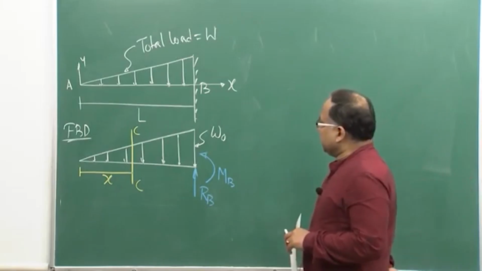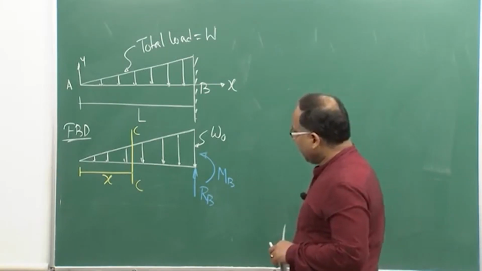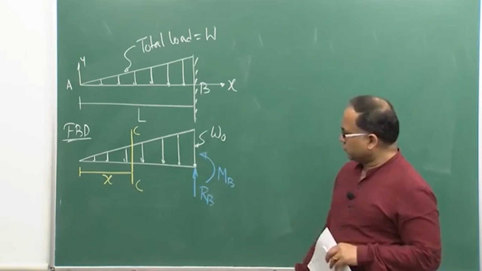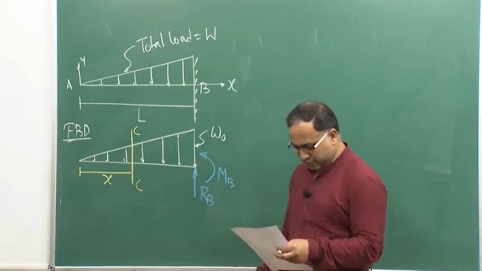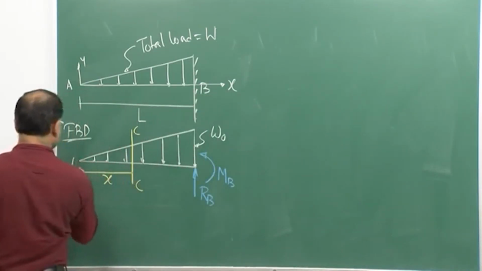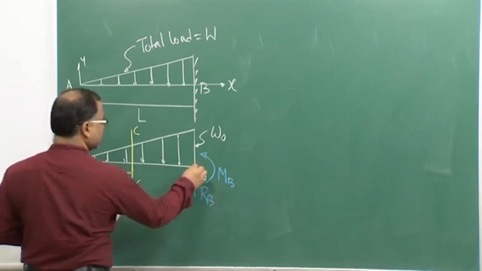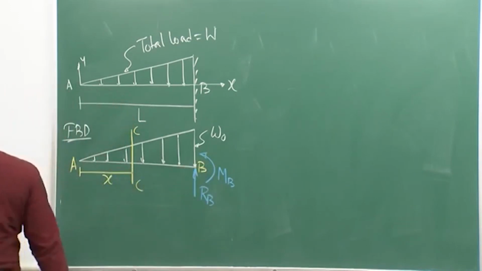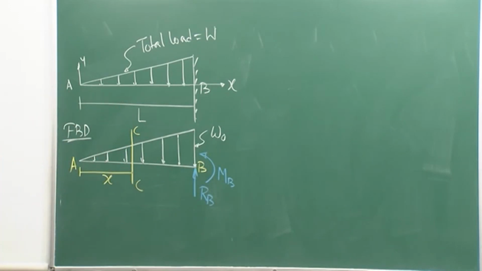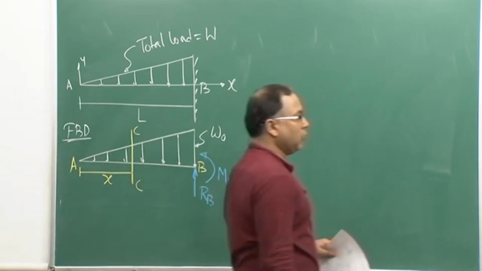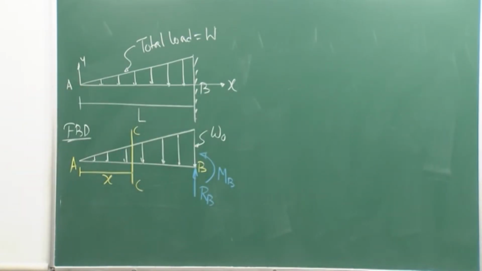Well, so I am considering one section here which is x distance away from the free end say A, this is my B, okay. Now, how can we get the reaction forces?